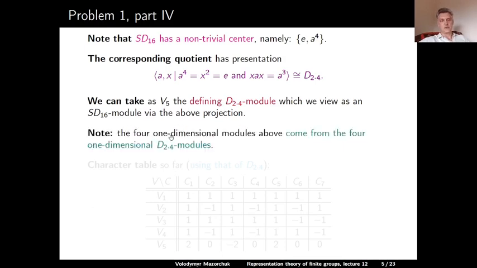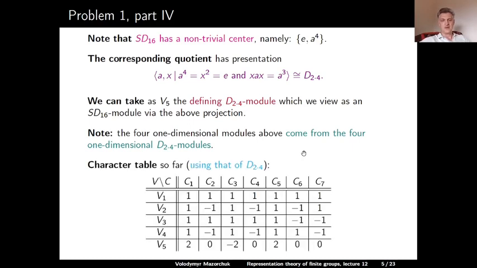One can also note that all our 4 one-dimensional modules also come from this construction. They are lifts of the 4 one-dimensional D_{2×4} modules. We have already computed previously the character table for D_{2×4}, and we can use it to write down the character table for the modules V1, V2, V3, V4, and V5 for our group SD16.